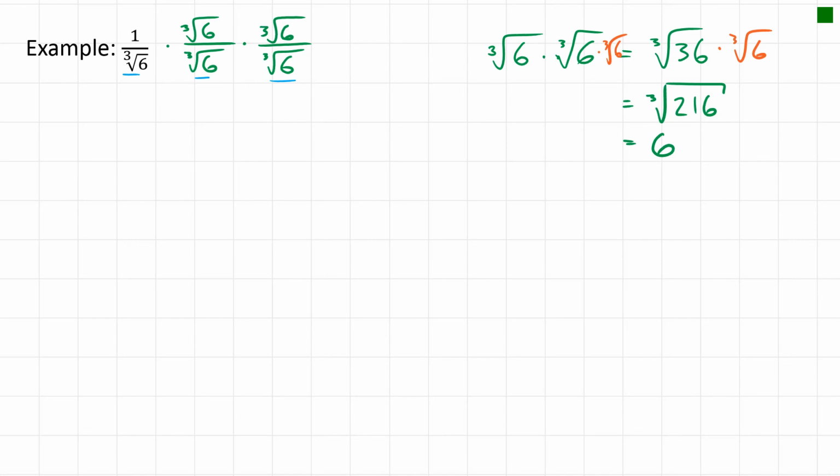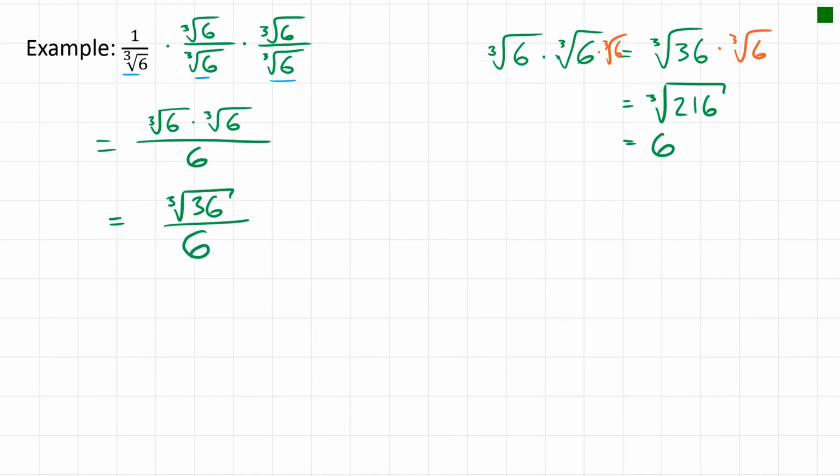So I have 1 times the cubed root of 6 times the cubed root of 6 in the numerator over, in the denominator, 3 cubed roots of 6, the cubed root of 6 cubed, which is just 6. So I actually had to multiply the numerator and denominator by the cubed root twice in order to get rid of the cubed root. And I'll just simplify this, 36 over 6.